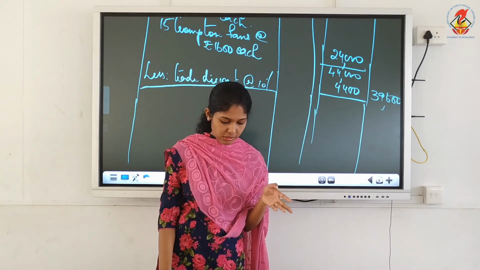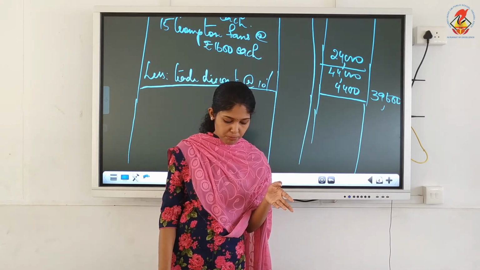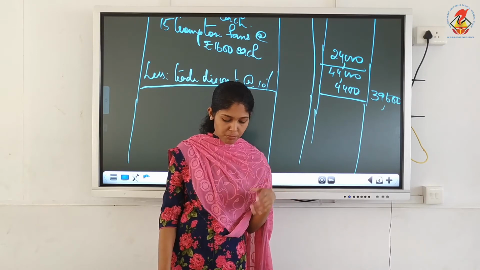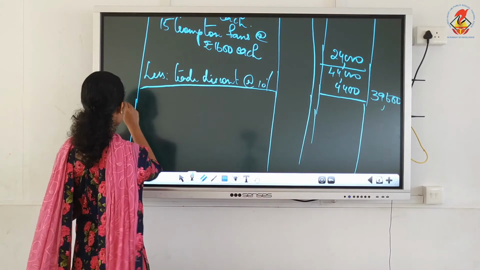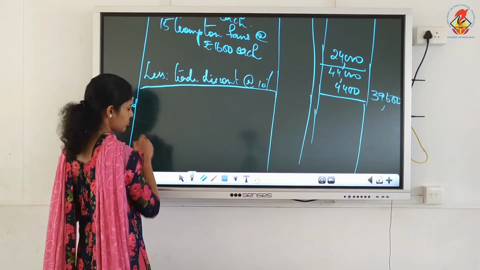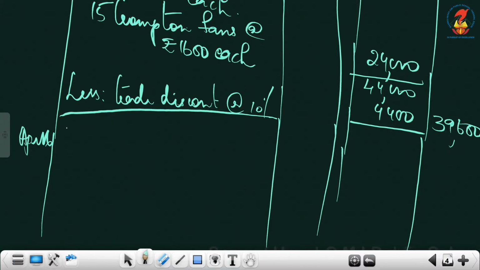The next one you can write, that is Philip bulbs you purchased, then power plugs also you have purchased. So that you write April 16th, Supreme Electric Store.